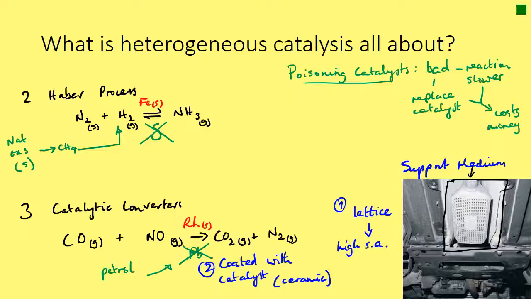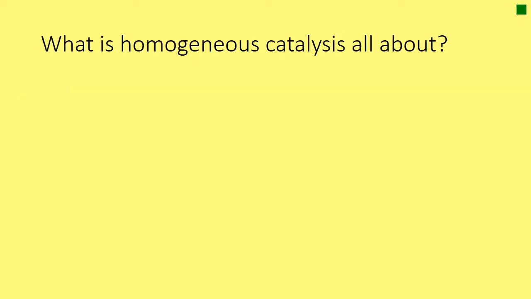Okay, so that's heterogeneous catalysis, and we're going to move on now to homogeneous catalysis. And the first thing to say is that homogeneous catalysis, as I'm sure you can guess, is when our catalyst and our reactants are in the same phase.